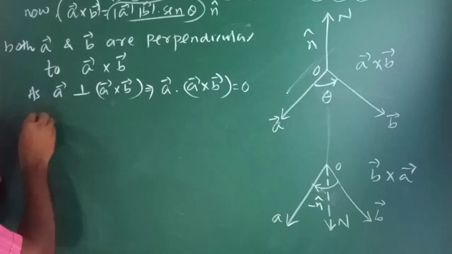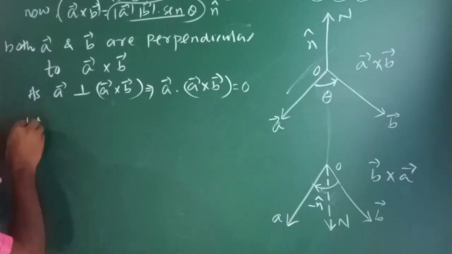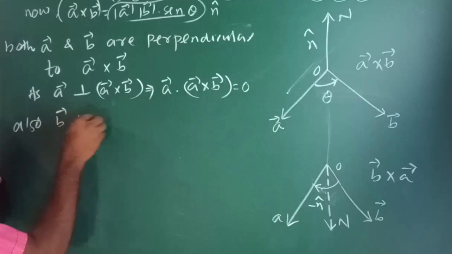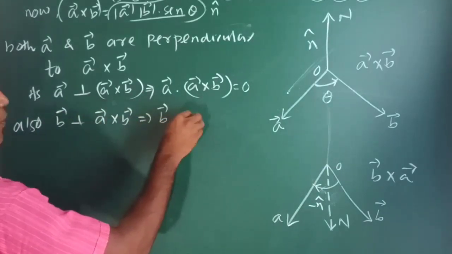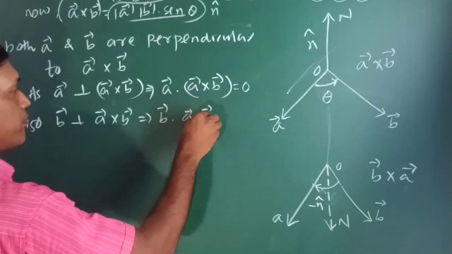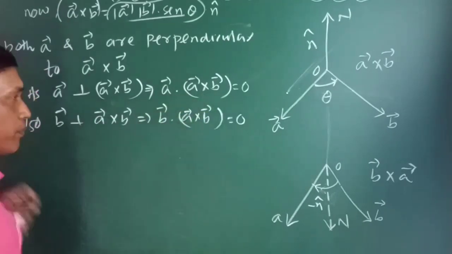Also B vector is perpendicular to A cross B, which implies B dot A cross B is equal to 0.